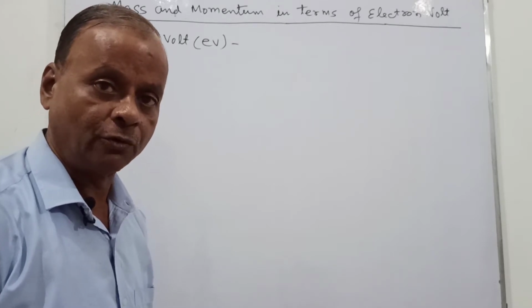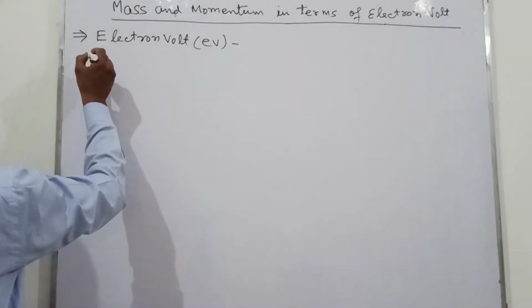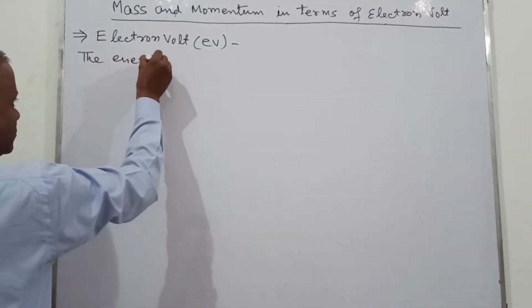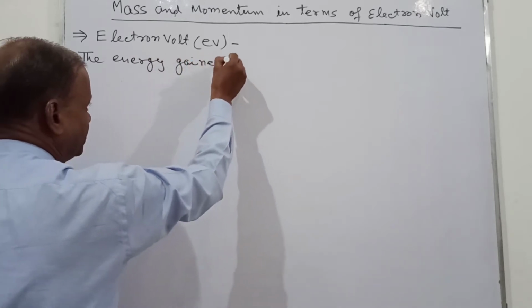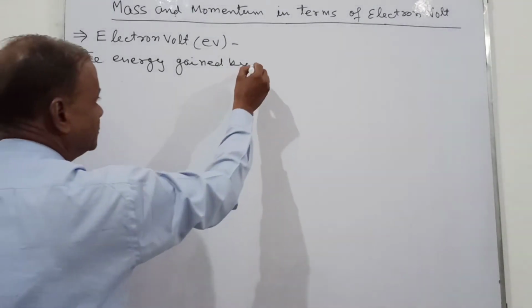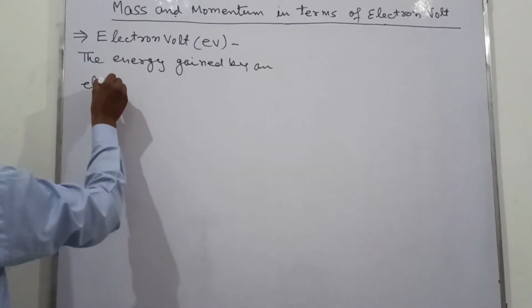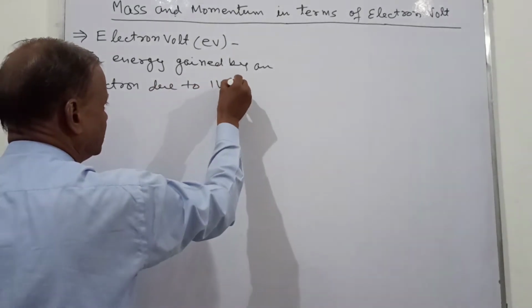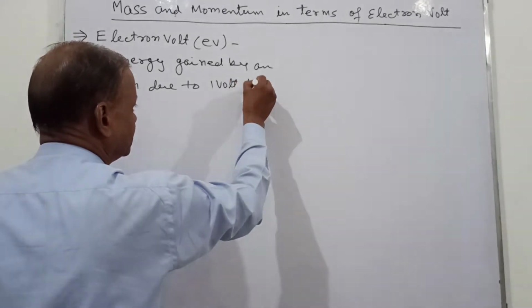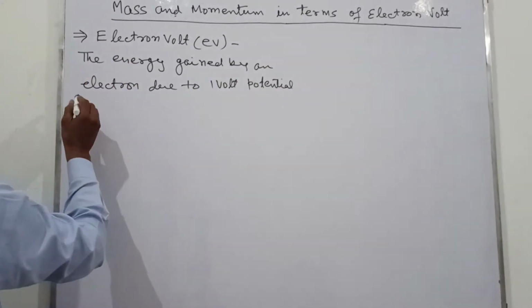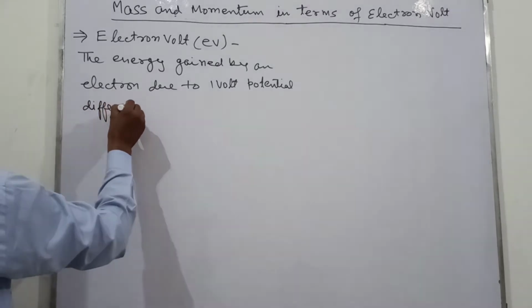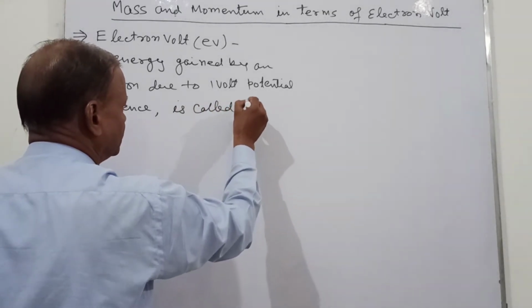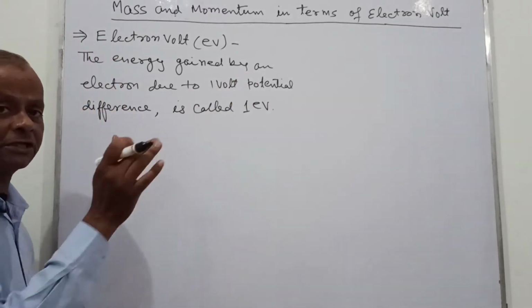E means electron, V means volt. This is the definition of 1 electron volt.